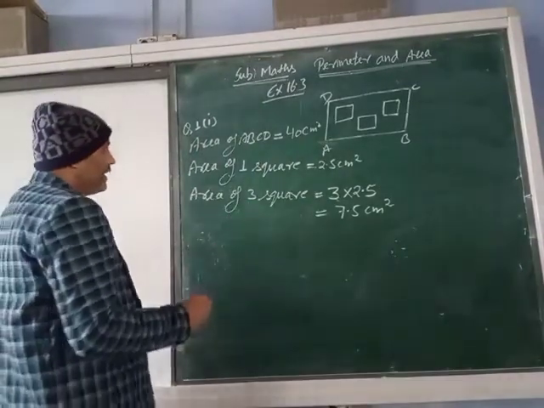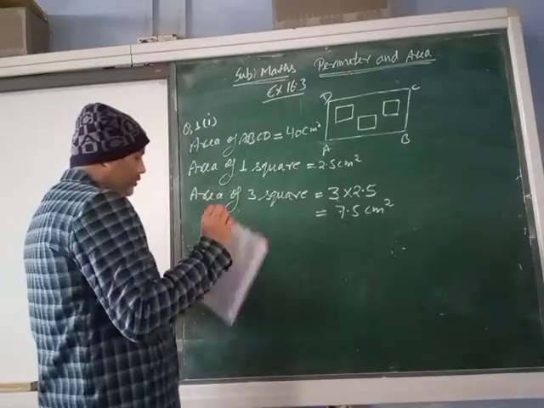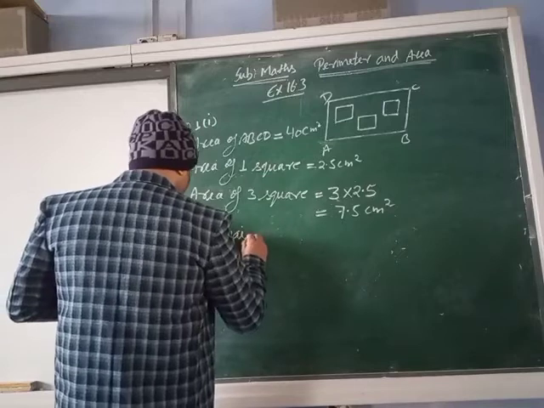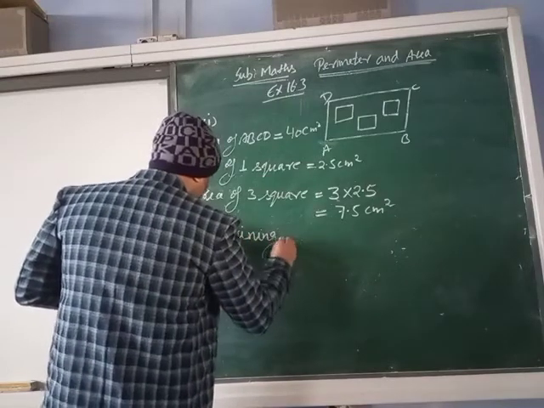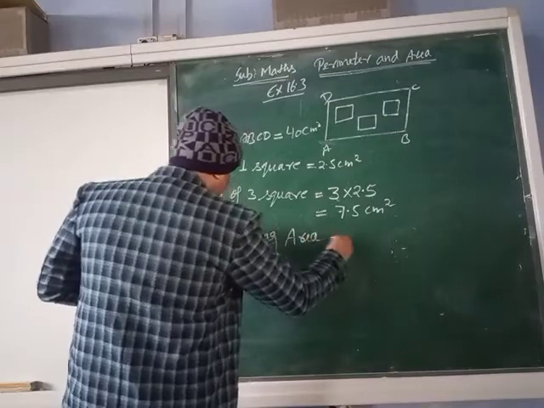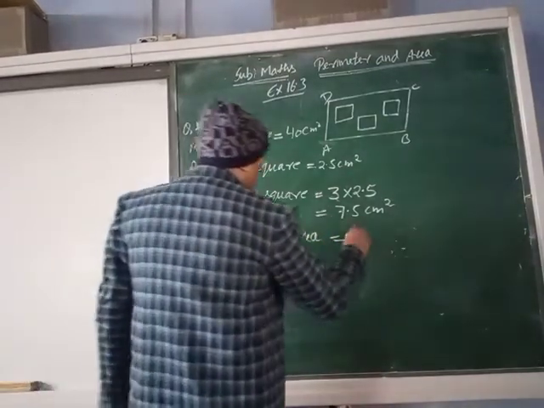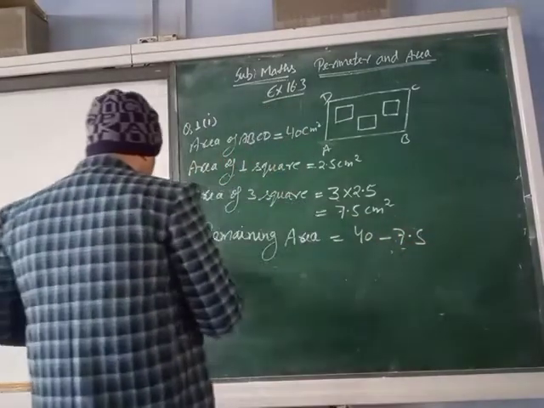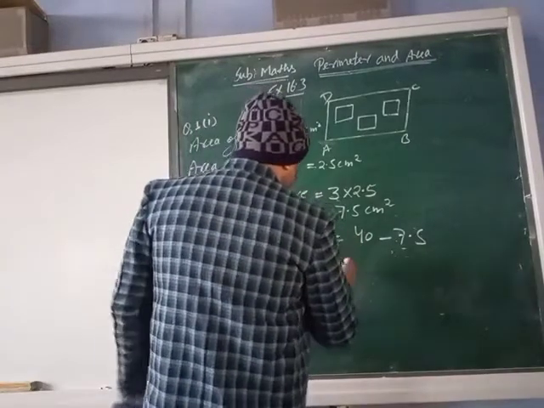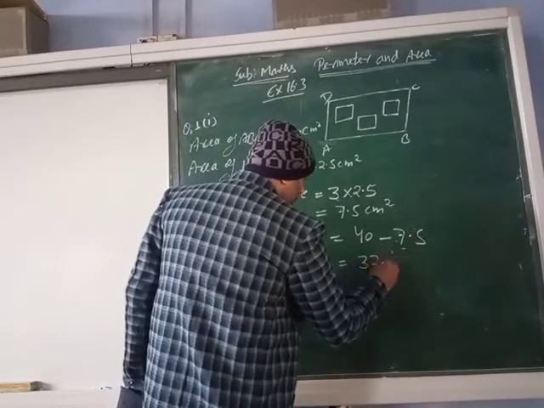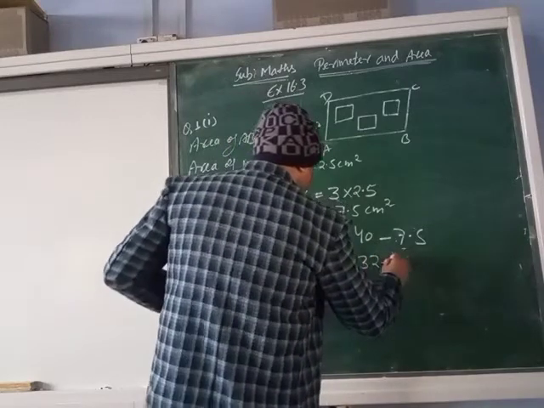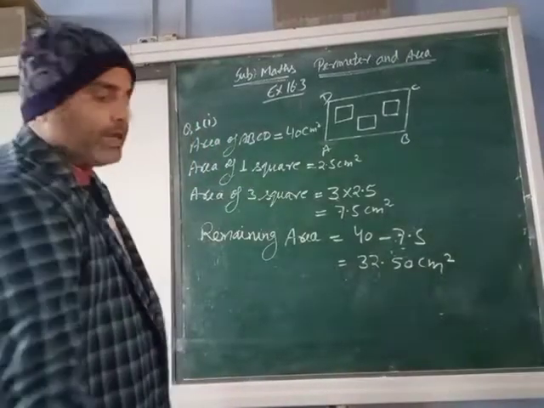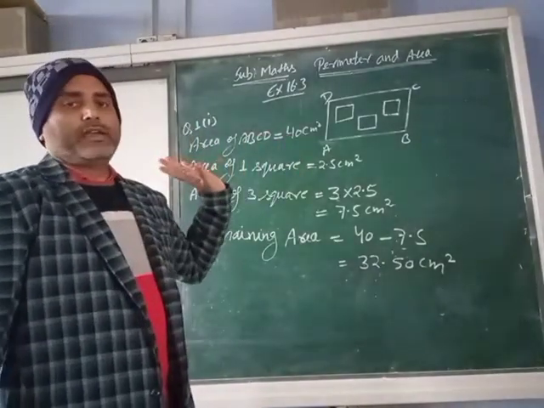Then we have to find the remaining area. Therefore, remaining area is area of rectangle, that is 40 centimeter square minus 7.5 centimeter square. When you subtract this, you will get 32.5 centimeter square. That is the area left in the rectangular piece.